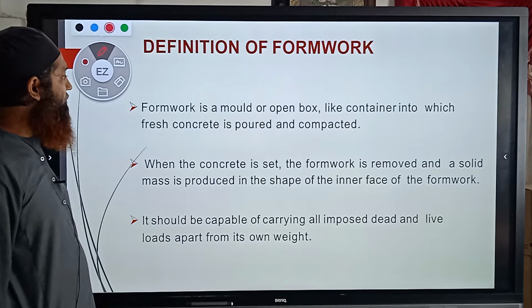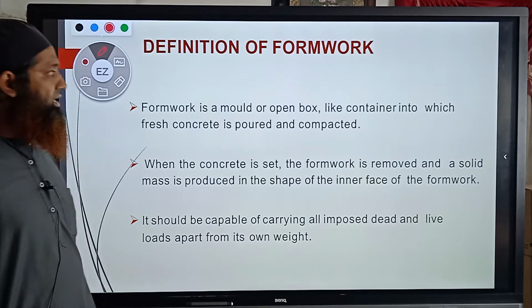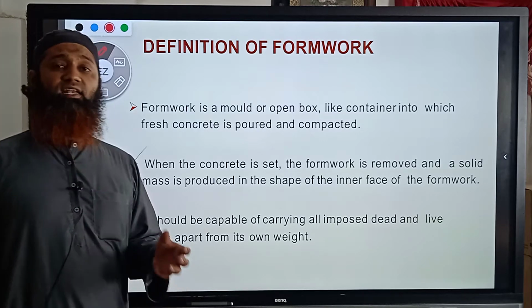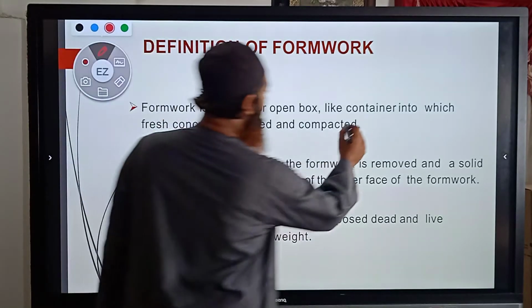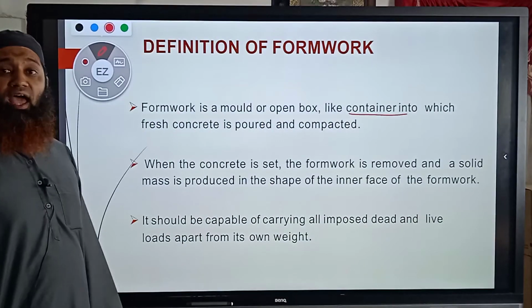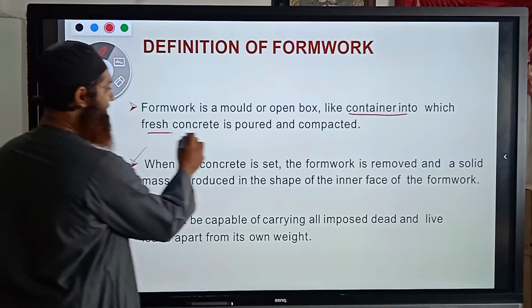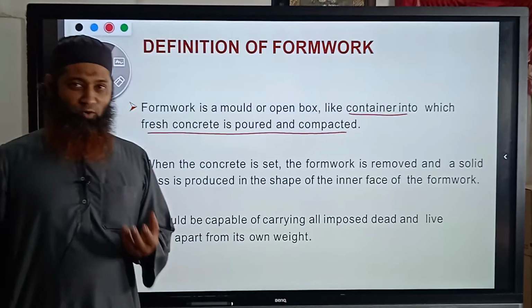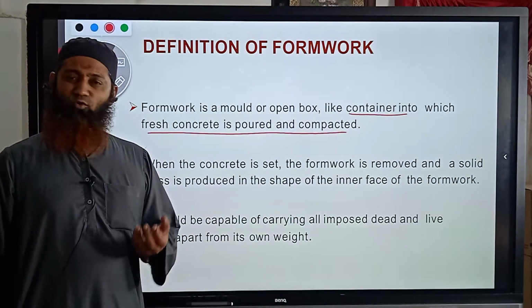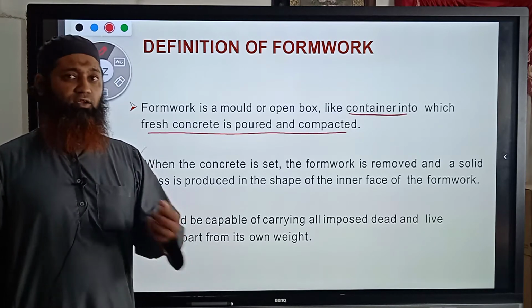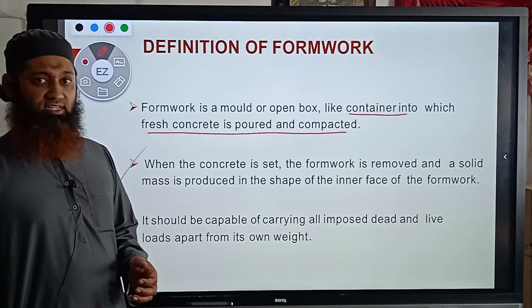Formwork is a mold or open box-like container into which fresh concrete is poured and compacted. So basically it is a container. You can understand a simple thing: if the container is not proper, whatever you're pouring will leak, or it will lead to honeycombing as well as slushing.